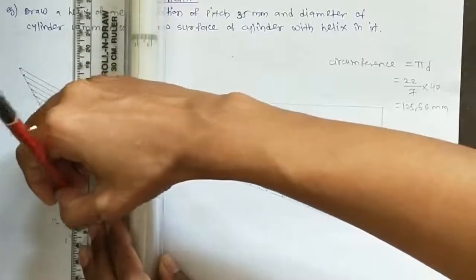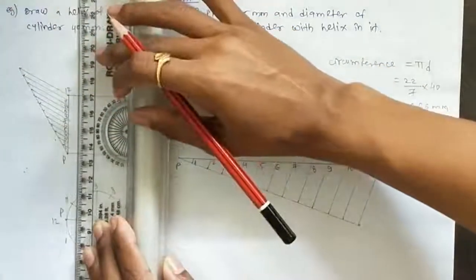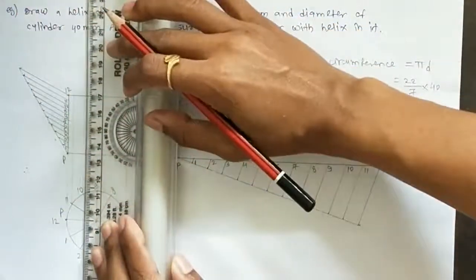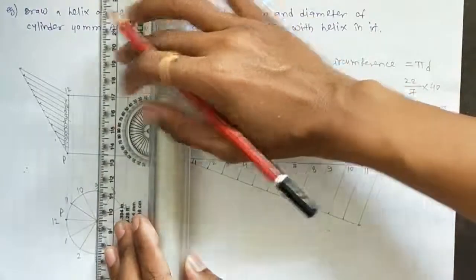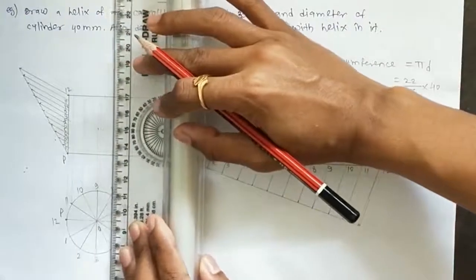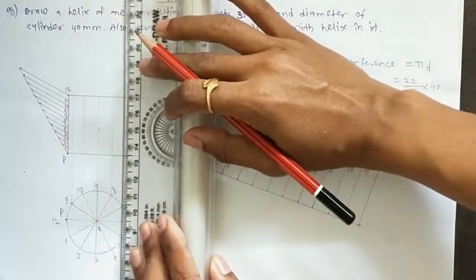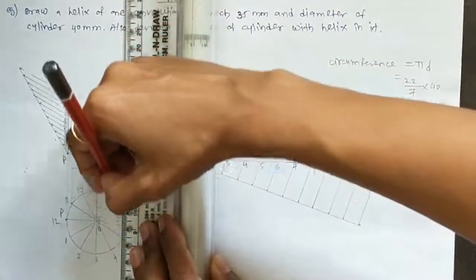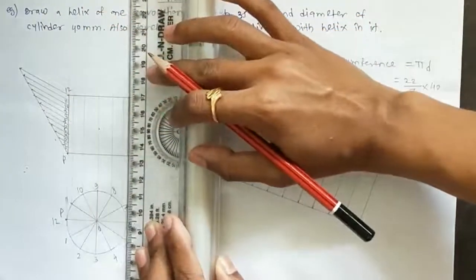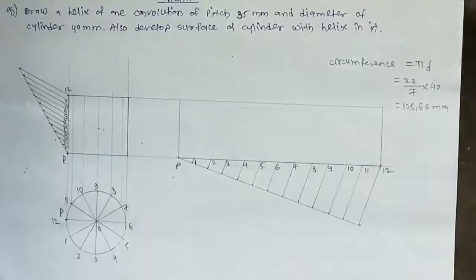So first from point 1 and 11 take vertical line, then from point 2 and 10, then from center line, that is point 3 and 9, then point 4 and 8, then point 5 and 7 and last from point 6. This line we have already drawn.